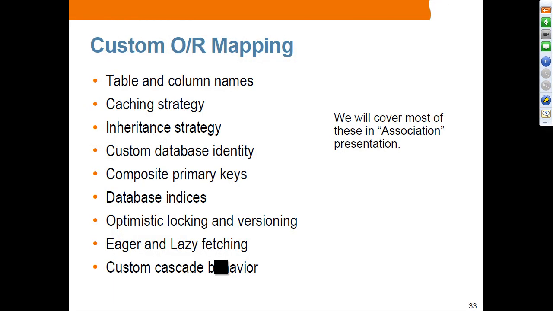But sometimes you want to use a different table name and column names, different caching strategy, inheritance strategy, custom database identity, composite primary keys, database indices, and optimistic locking, versioning. The fetching strategy could be either eager or lazy, with custom cascade behavior. So a lot of customization is possible in terms of OR mapping. This is the time you can specify these things in your domain class.